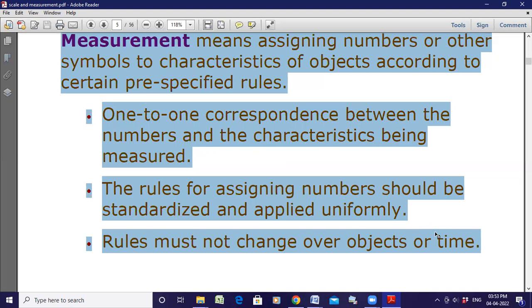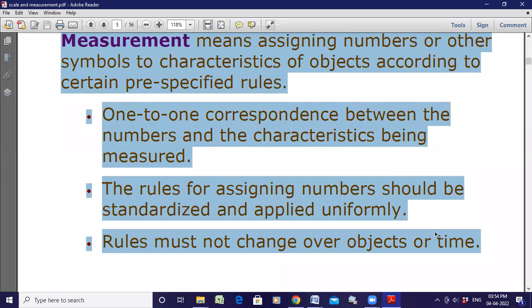We try to measure the changes brought by manipulating the independent variables on dependent variables. And obviously this depends on the characteristics of those variables. So by measurement, we try to assign numbers or symbols to those characteristics with respect to some pre-specified rules. And in your specific field, you may call them parameters.